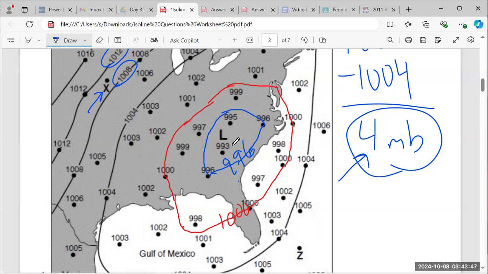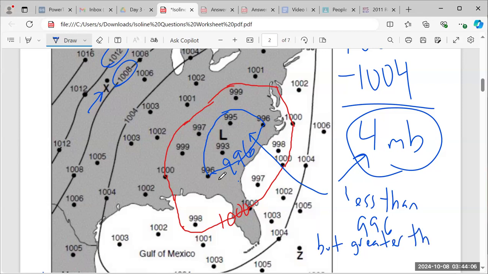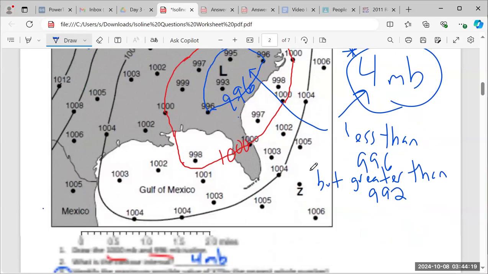So my values inside here would have to be less than 996 but greater than 992, because we have to respect the contour interval.